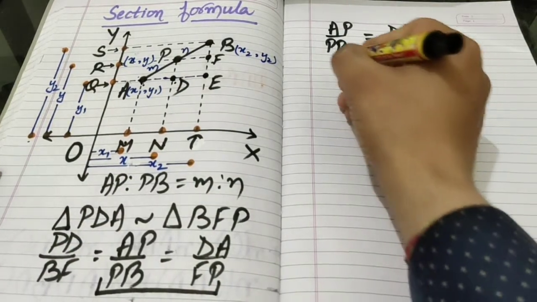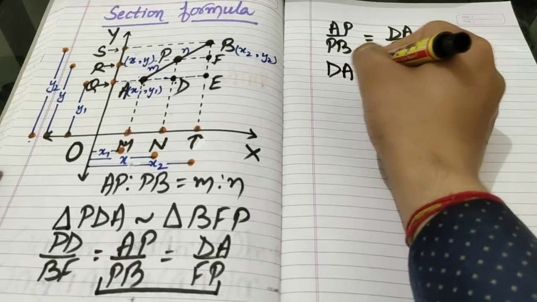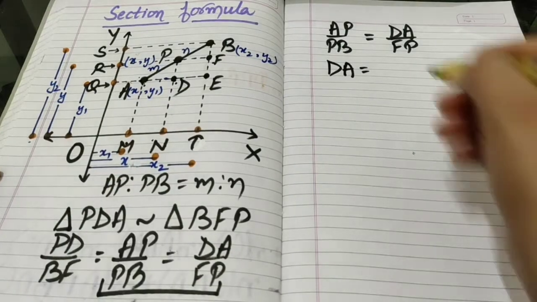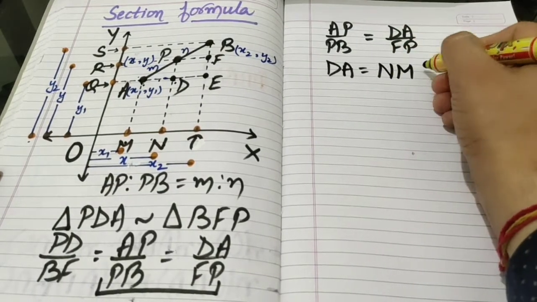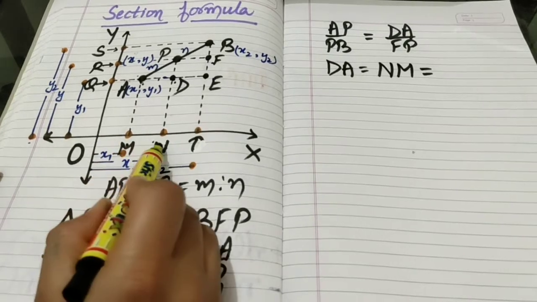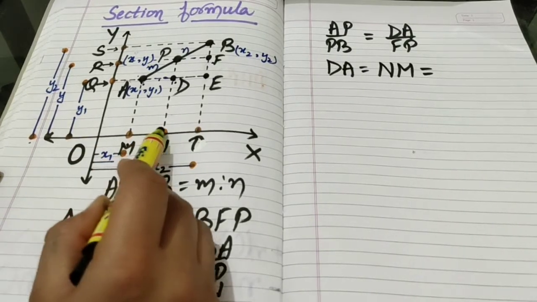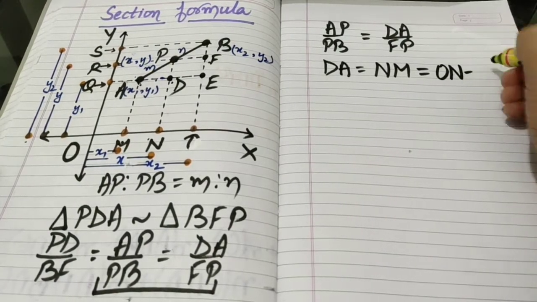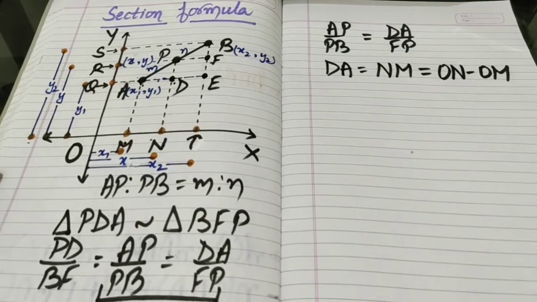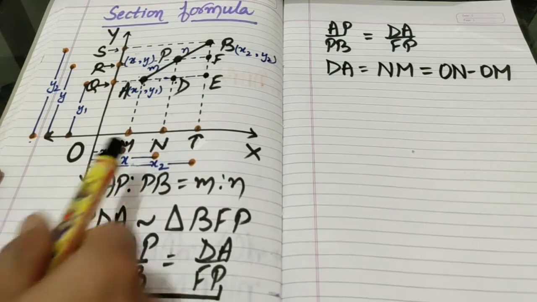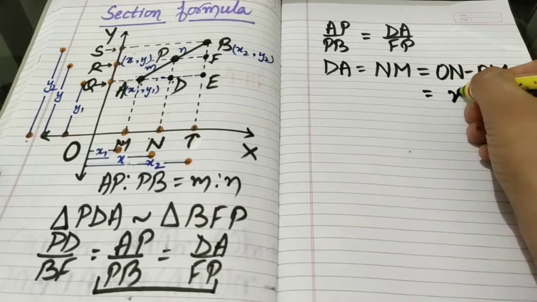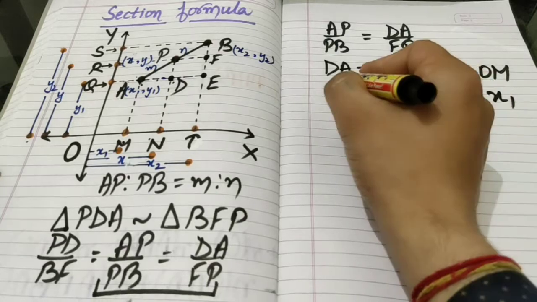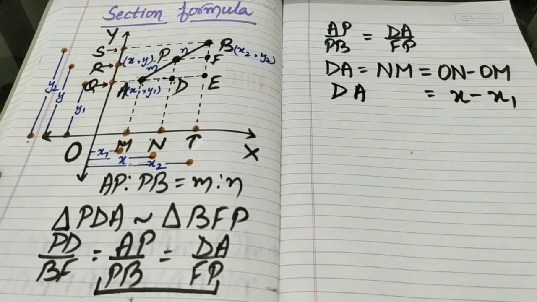So here we write the length of DA is equal to the length of NM, and the length of NM is equal to ON minus OM, and the value of ON is x, and that of OM is x1. That is how we get the value of DA equals x minus x1.